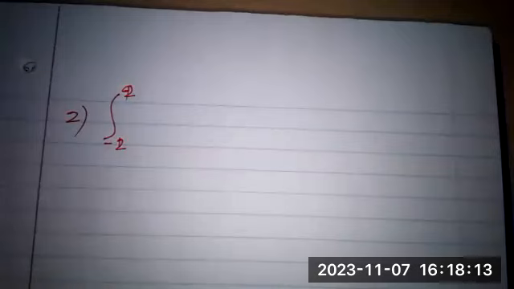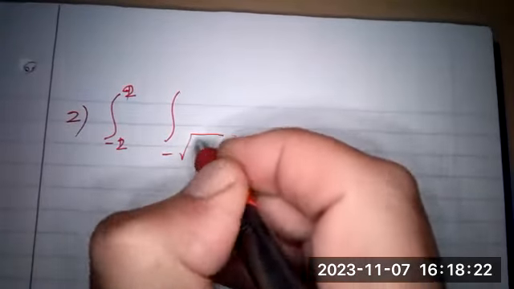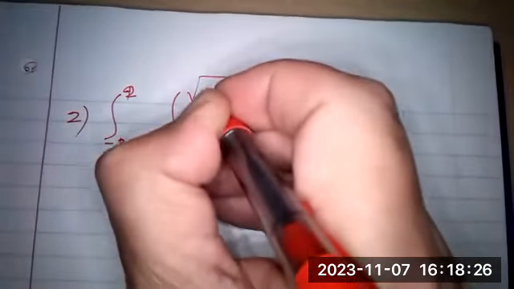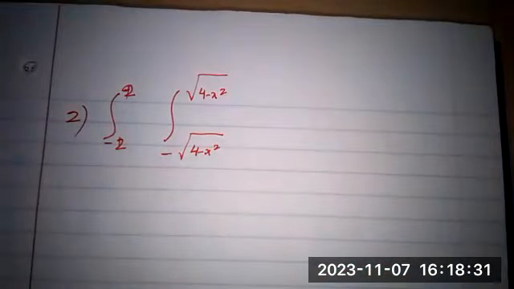I don't want to go with 1 to 1 all the time. So this is going to be, again, minus the square root of 4 minus x squared, and the square root of 4 minus x squared. I changed the problem a little bit.